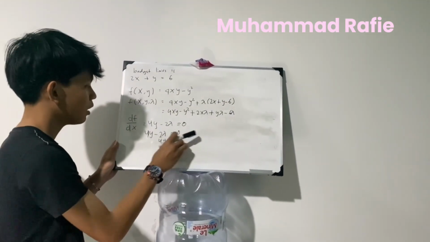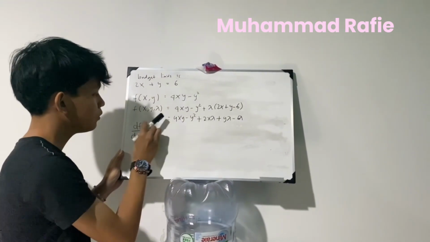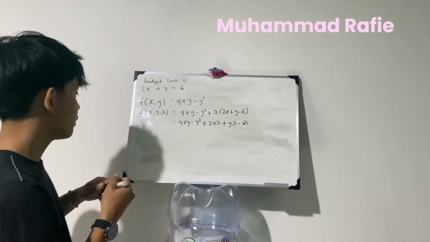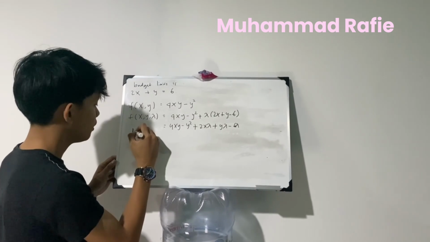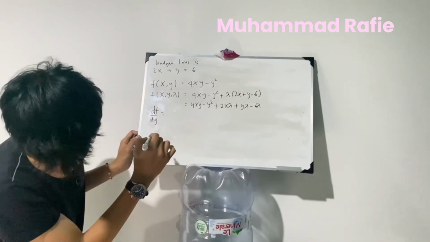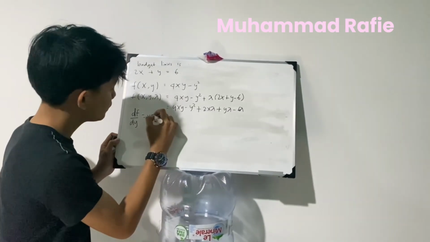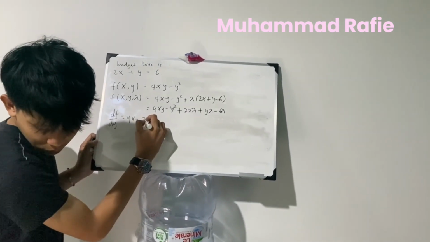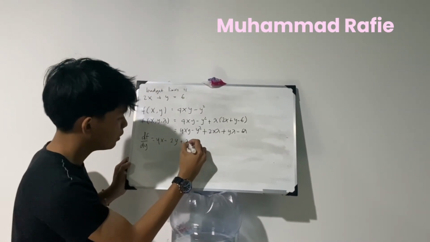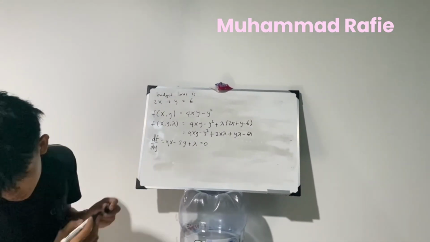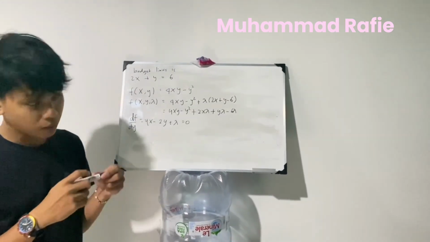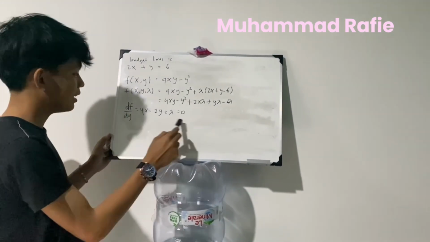Right now we have to find the derivative with respect to y. We can write df/dy equals 4x minus 2y plus lambda equals 0.